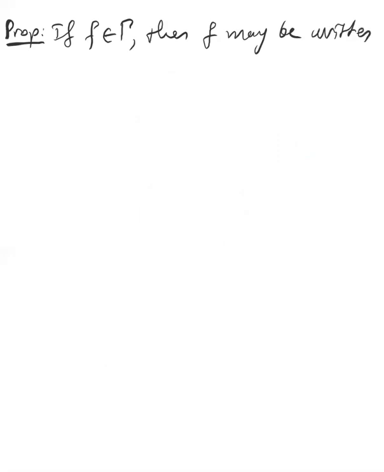Proposition: if f is in Gamma, then f may be written uniquely as f equals f0 plus f1 plus ... plus fm, where fi is a form of degree i.